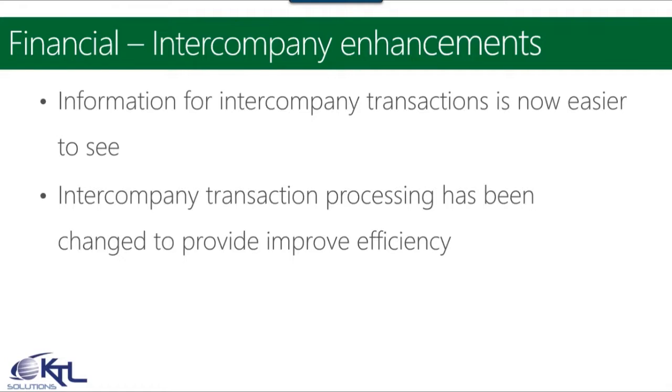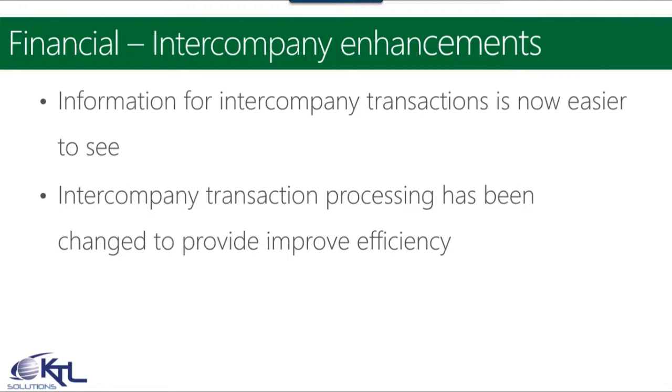Within the financial module, there's also been updates to intercompany transactions. And if you have intercompany, you know that your intercompany transactions are now a lot easier to see in GP 2015, and the transaction processing has been changed to provide more efficiency.